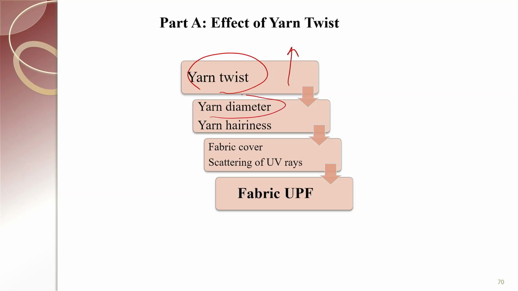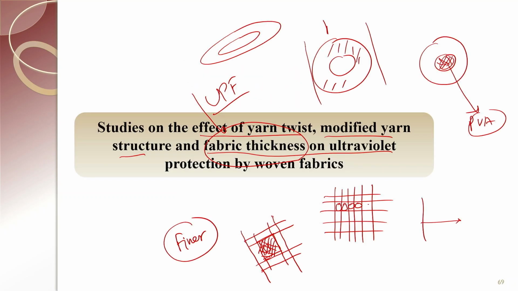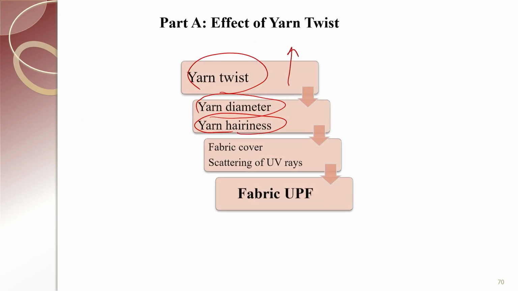For staple yarn, if we increase the yarn twist, yarn diameter reduces, and at the same time hairiness of yarn increases for ring spun yarn, and we have used 100% cotton here.